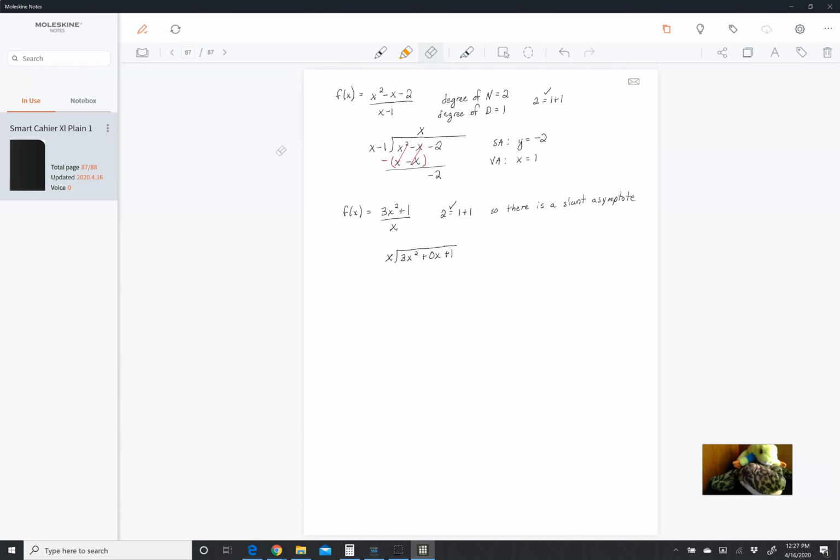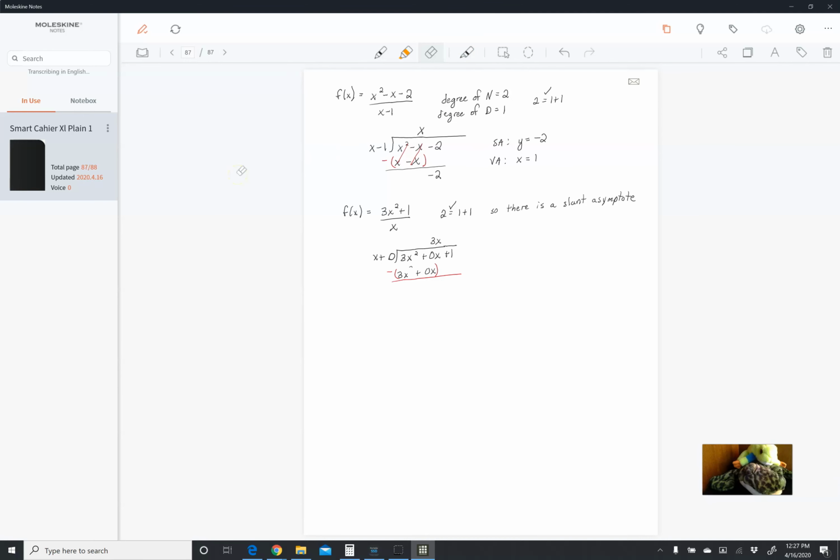Okay, how many times does x go into 3x squared? 3x times. And I'm sorry, this should be x plus 0, right? Because we have to make it standard form. So plus 0x. We subtract. This should be 3x squared.